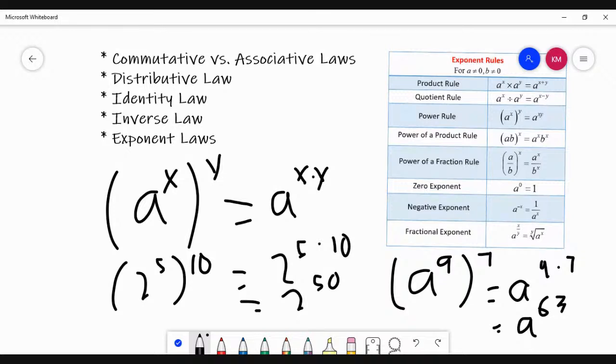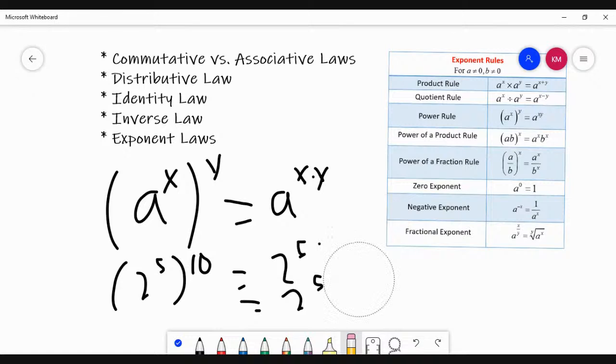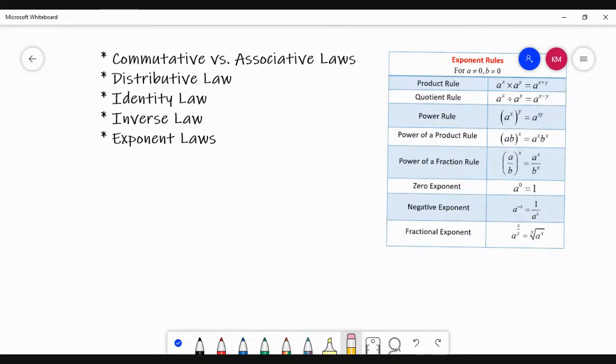All right, beautiful people. Next up, before I move on to this other rule, there's one rule that is missing, which is the identity rule. And I want to go over that because there's also an identity rule in exponents. Identity rule says if I raise a to the first power, it equals a.